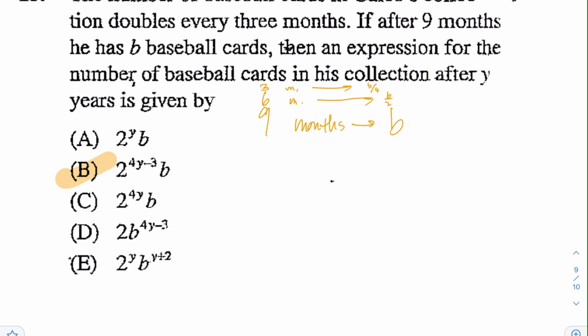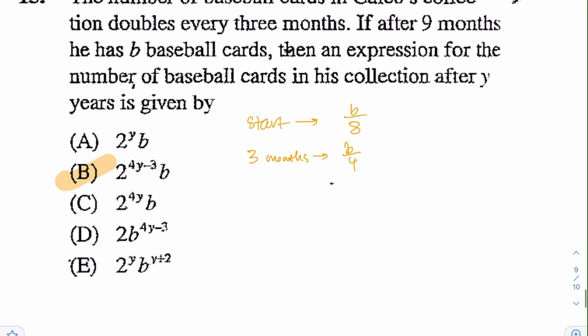So you go back again, you'll start off with B over 8. So let me rewrite that. To start, you have B over 8, and after 3 months, you have double that, which is B over 4. After 6 months, you have B over 2. After 9 months, you have B. All right, so you have that.